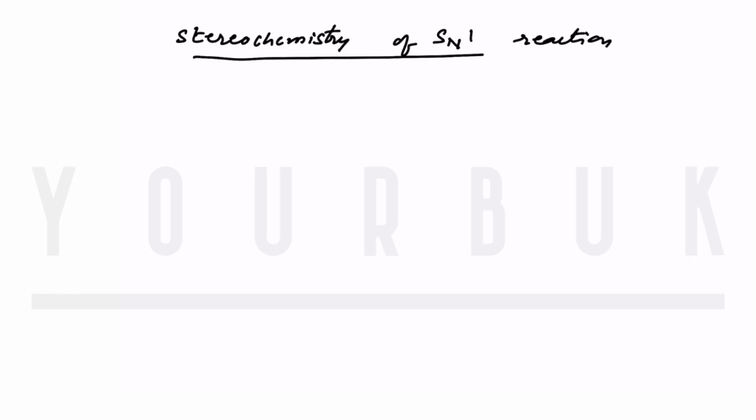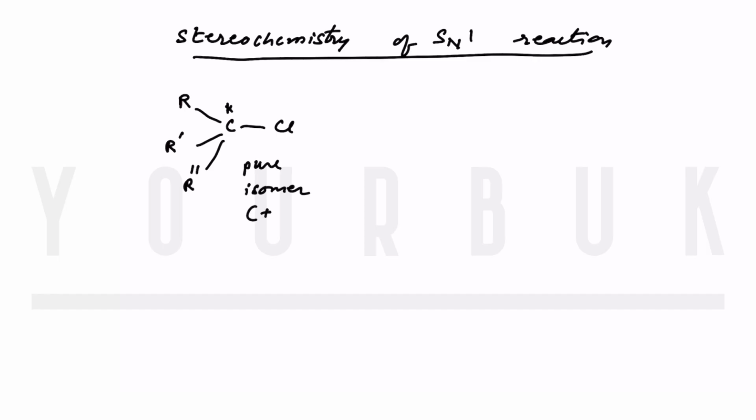Stereochemistry of SN1 reaction. First we'll discuss the SN1 reaction. And SN1 reaction is a two-step mechanism. The reaction proceeds via carbocation. Now, suppose you are given the starting compound, and this carbon is called a chiral carbon. Assume it's a pure isomer. Assume it's a plus.